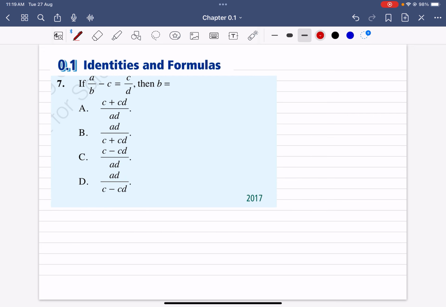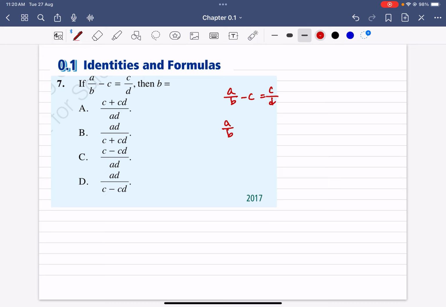Okay, so the other MC question like this is to try to use the formula, change of subject. So A over B minus C equals C over D. Don't think that it is easy. You have to think about it very carefully, because you have a term like this is C, the other two are fractions. So what would you do?